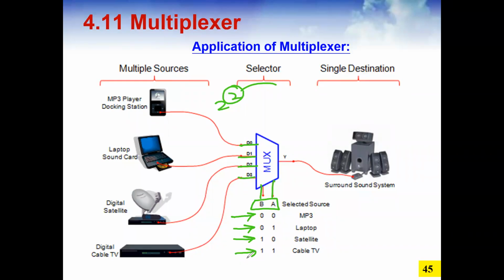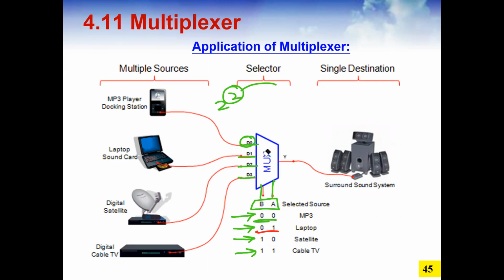Yes. Okay. So if the selection line is 0 0, then D0 is going to be connected with the output. Clear? Similarly, if the selection line is 0 1, whatever is connected to the 0 1 input, which is D1, is going to be connected to the output, one at a time.